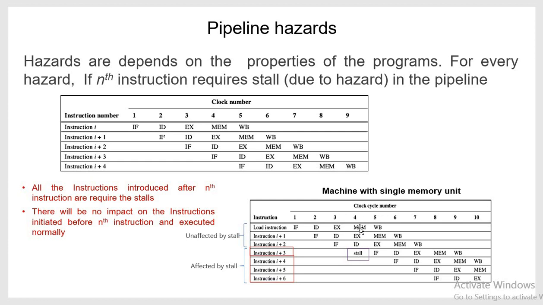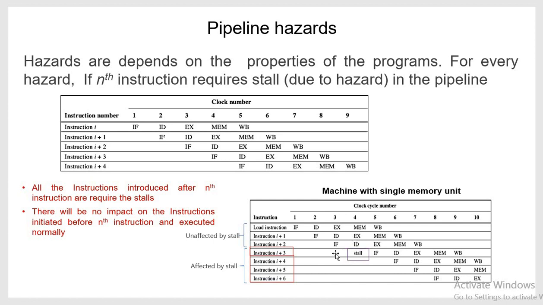This particular problem is called a hazard. Whenever this situation occurs, as we have already discussed, delay will have to be introduced, and that delay is called a stall. So a stall or bubble will be introduced at the fourth clock cycle.